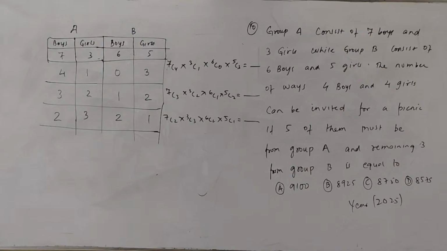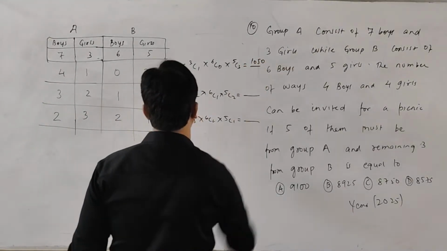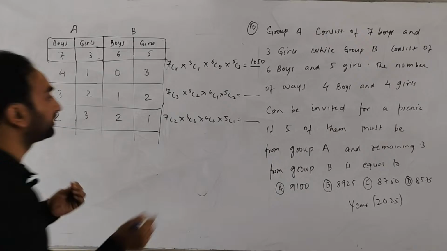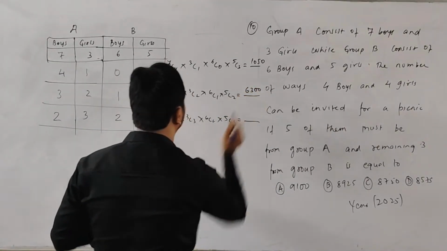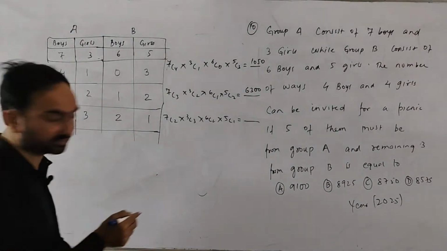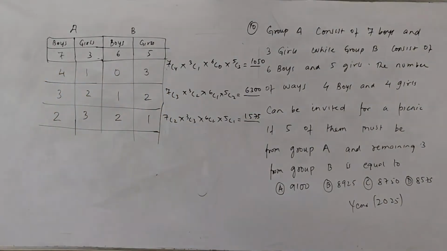For 7C4, 3C1, 6C0 and 5C3, this answer will come 1050. You do the calculation, it will come as 1050, right? Then 7C3, 3C2, 6C1 and 5C2 will come 6300. And 7C2, 3C3, 6C2 and 5C1 will come 1575.